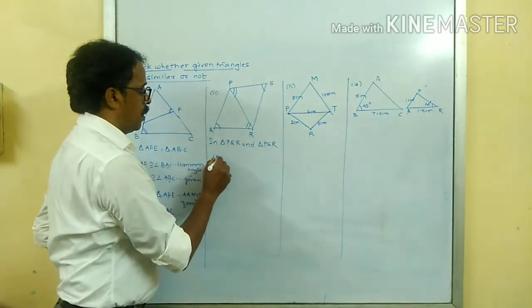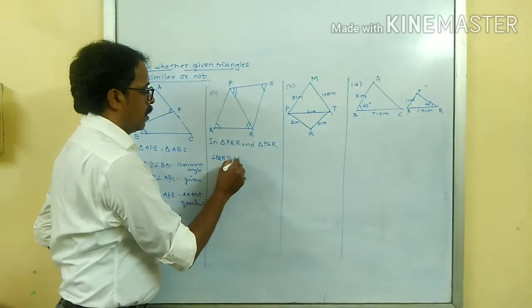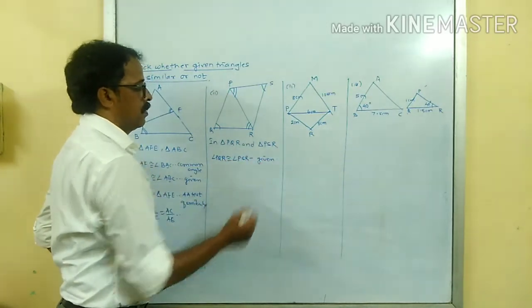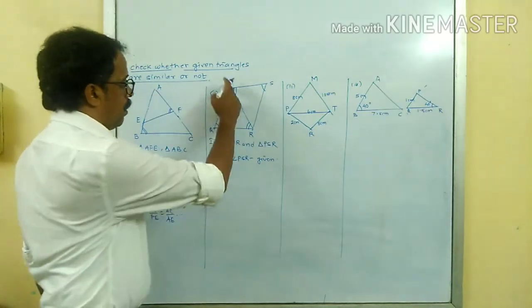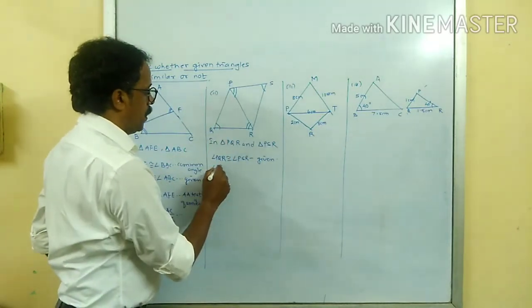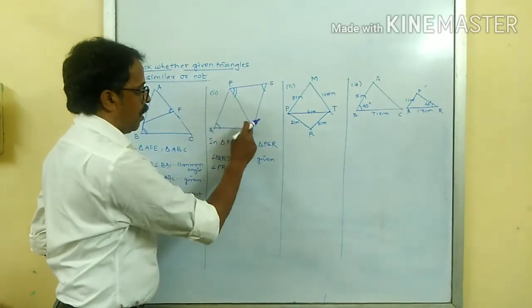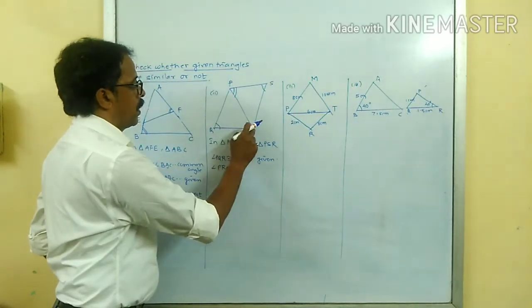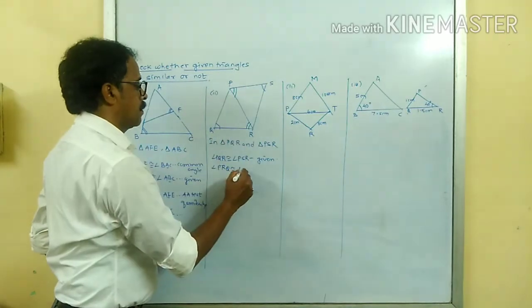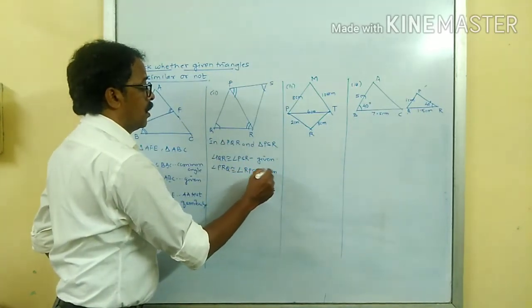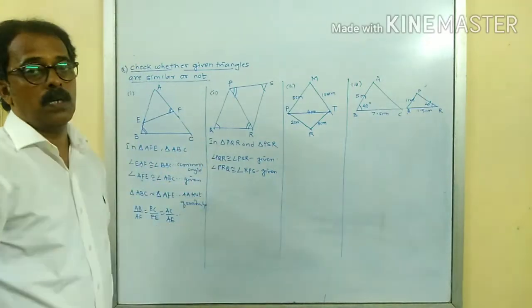This is given from the figure. I can also write angle PRQ is congruent to angle RPS. This is also given because they have shown it with a double sign.